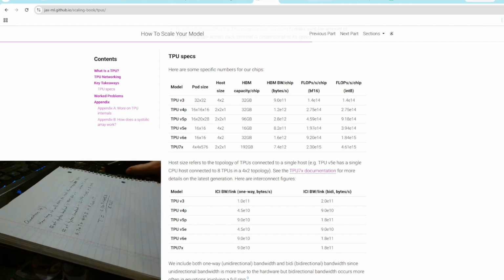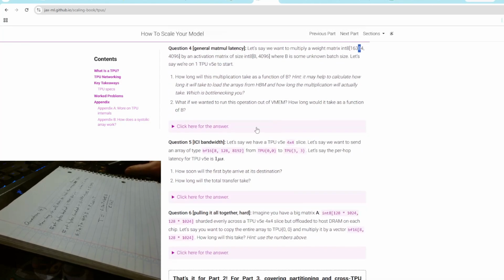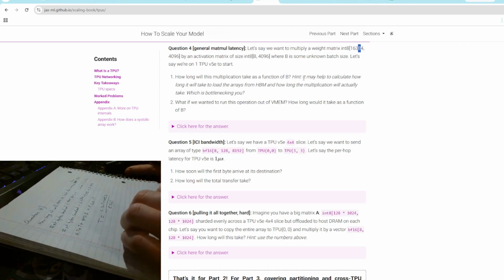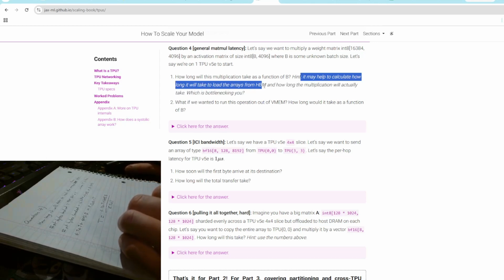Okay, so yeah, we have two unknowns, so we can't go any further. So this is a function of B, a function of B for how long to load the arrays from HBM.